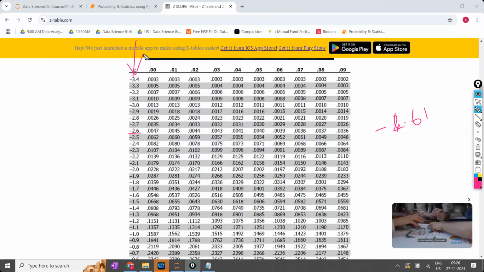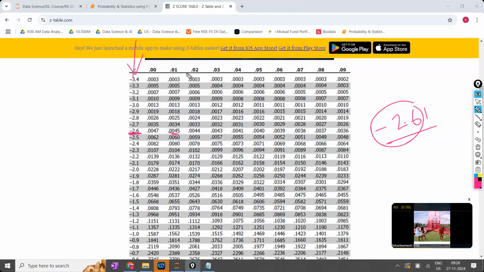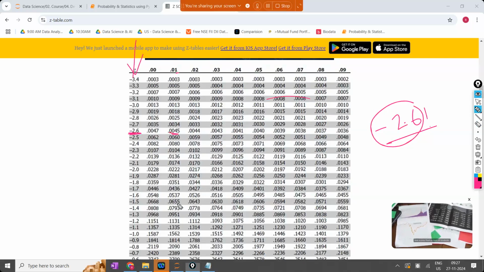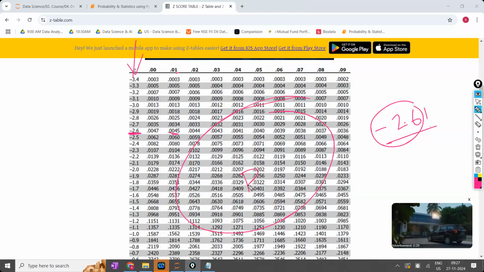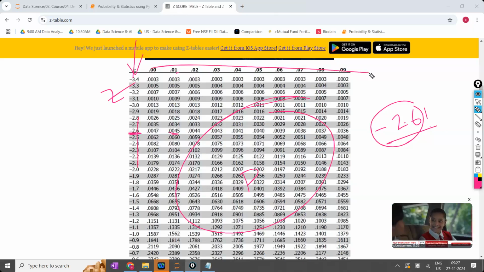So minus 2.61 is up to here, and the 1 is this one, so the second digit is here. Is the point clear? So what is the value? 0.0045. That is the probability. These numbers are all called probability. This is the z-score, up to 1 decimal, and this is your second decimal.